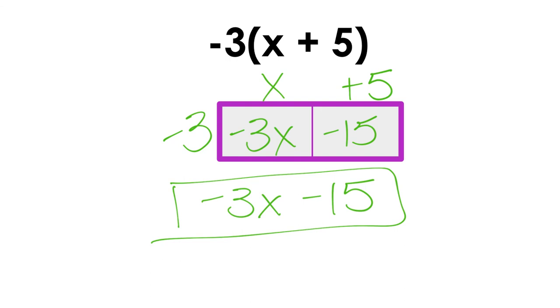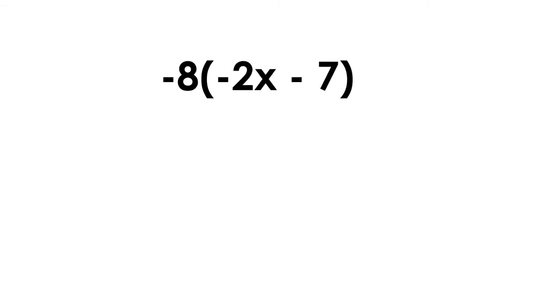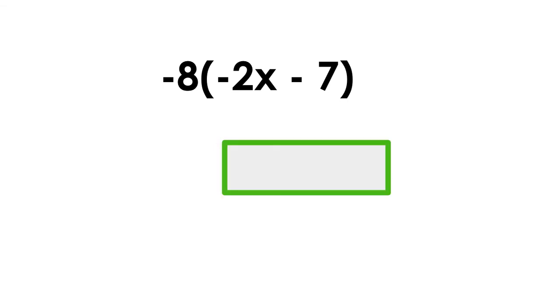So far, so good? All right, we're almost done. Last one. Everything is negative, the outside and the inside, right? So then ultimately my whole product should be positives, right? So as I set this up, I have -8 here, -2x here, and then a -7.